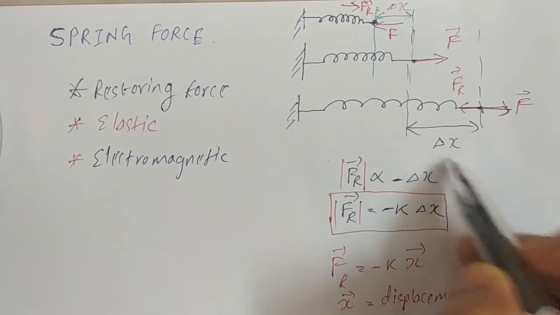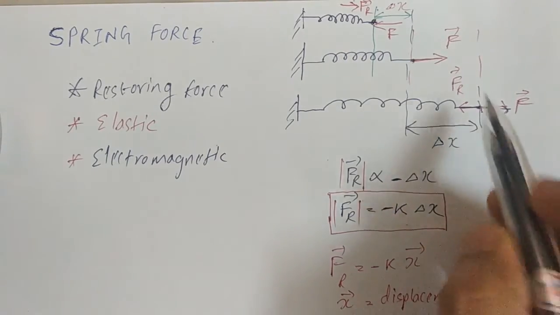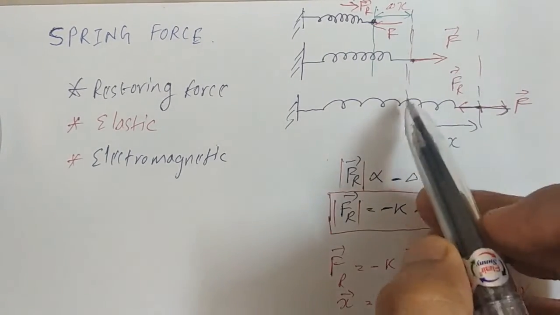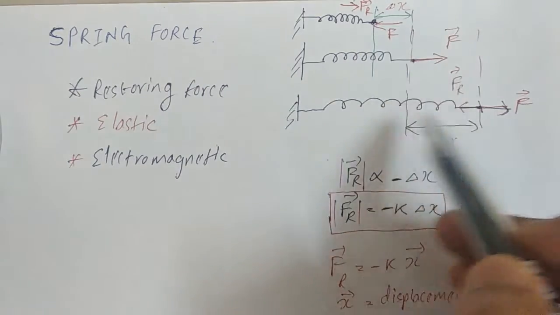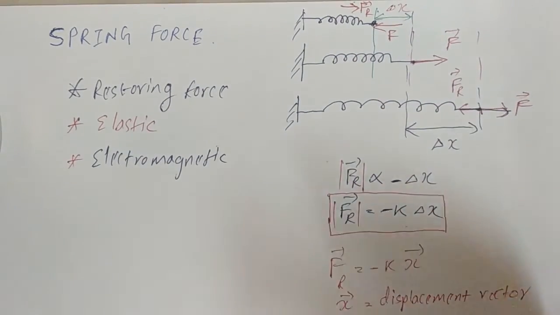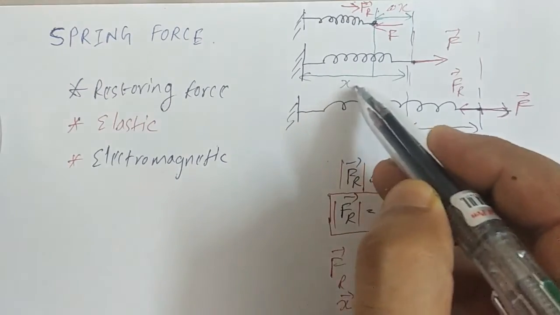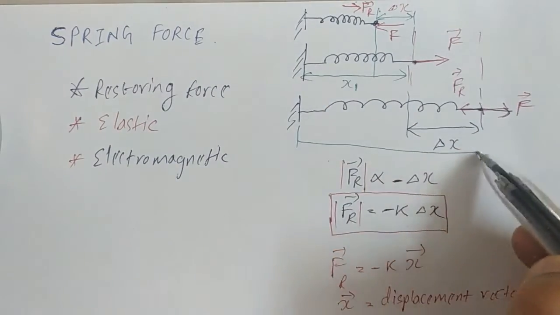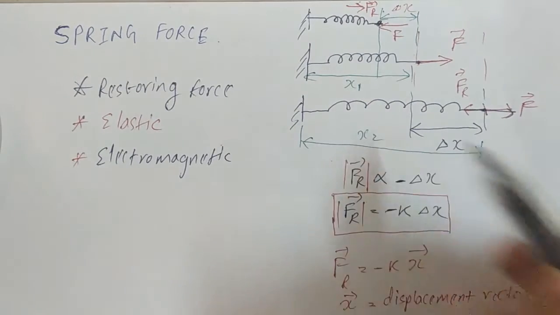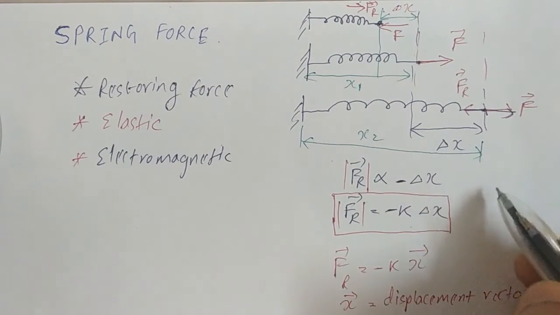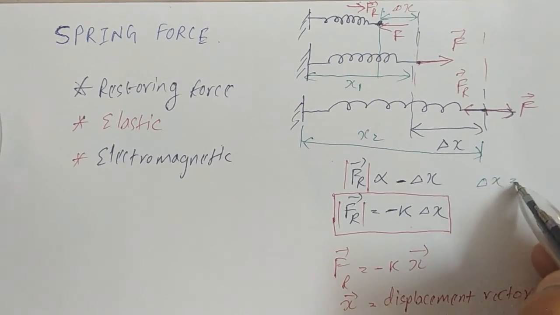And this change in x is nothing but the difference between the initial length and the final length. If this was the initial length x1, and this is the final length x2, then the change in length is equal to x2 minus x1.